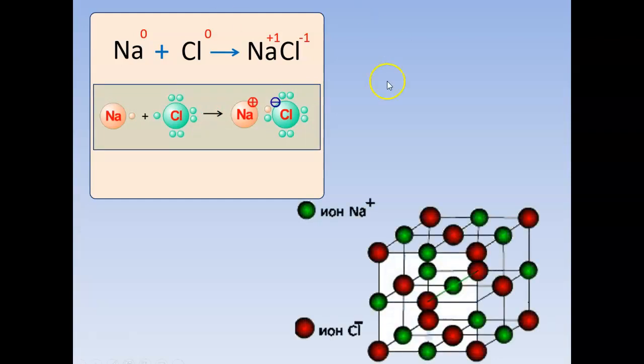So this is a picture which shows us how they are actually located in table salt. You can see they alternate: negatively charged ion, then positive, then negative, positive, and so on.